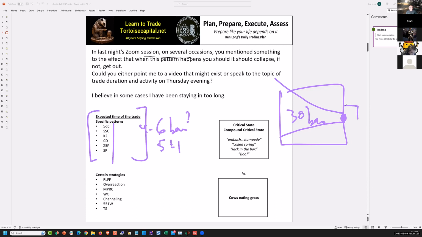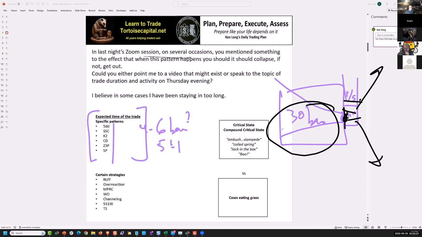So if in 5 bars, which is 1/6 of the time, the trigger happened, so you got in, and if in 5 bars it hasn't done that, then they're not behaving according to the statistical expectation, so get out.